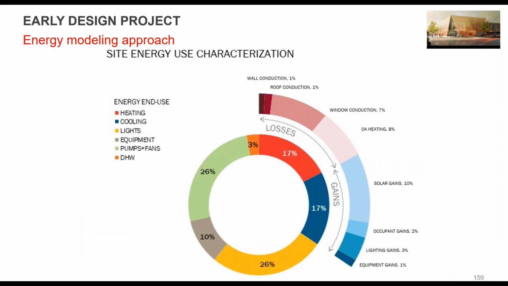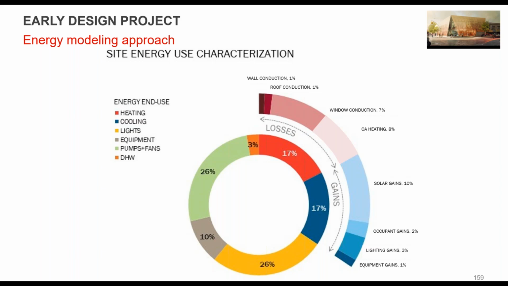Other things is start looking at what is affecting the site energy use. What is your energy use? What's a loss? What's a gain? And you see two examples here. This helps show that window conduction is quite a large proportion of this. Not only the conduction, but the solar gains through that.